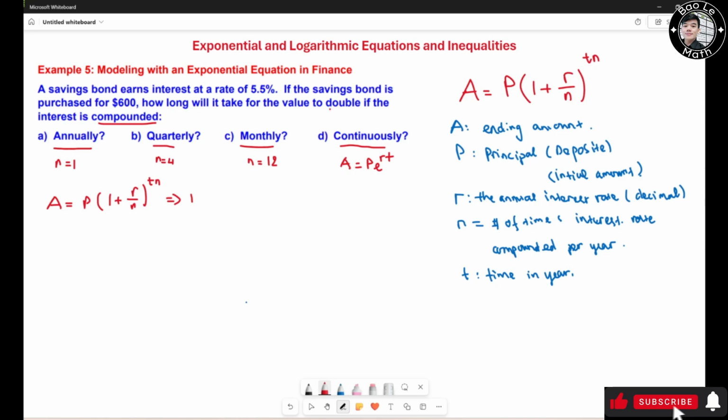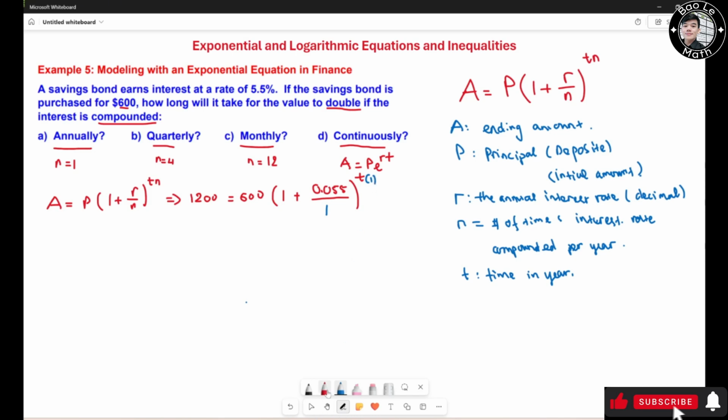The ending amount is double the initial amount, so it's going to be 1200 equals 600 times 1 plus 0.055 over 1, raised to the t times 1.